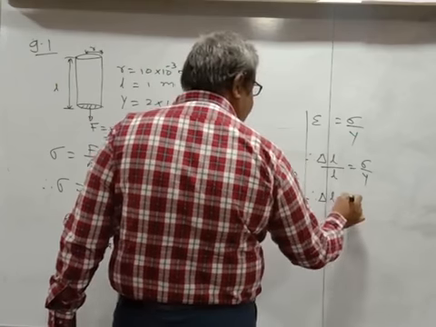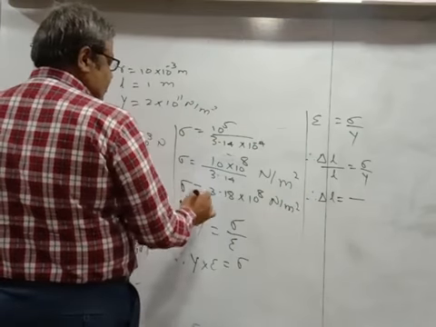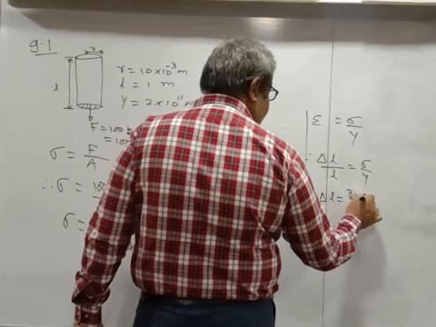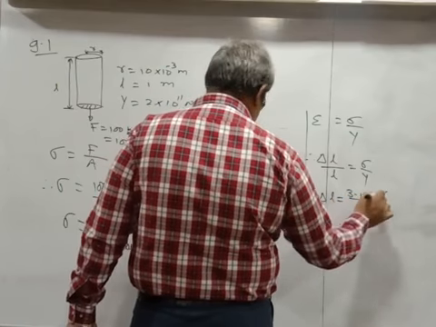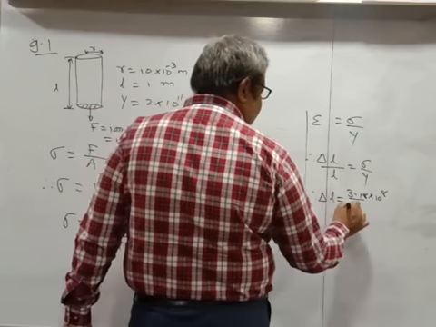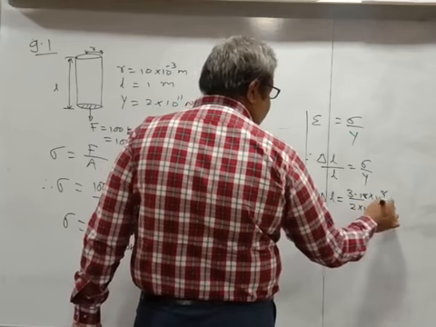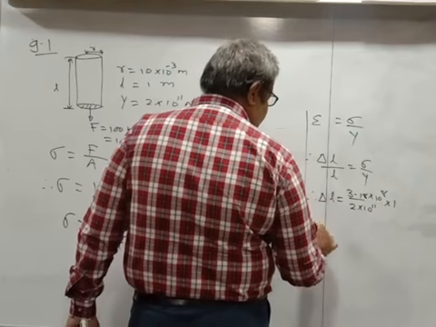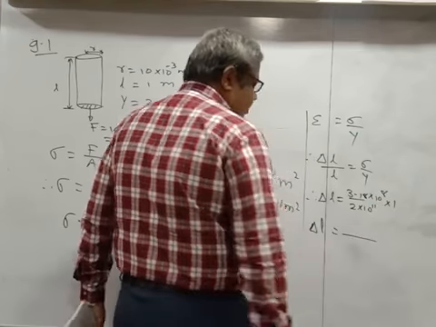सिग्मा का वैल्यू आपने यहाँ से ढूंढ लिया, देखिए ये वाला है ना। तो ये वाला हो जाएगा आपके पास 3.18 × 10⁸, और यहाँ से आप देखोगे डिवाइडेड बाय Young modulus 2 × 10¹¹, and the value of length, it is 1 meter. So find out the value of delta L by yourself.